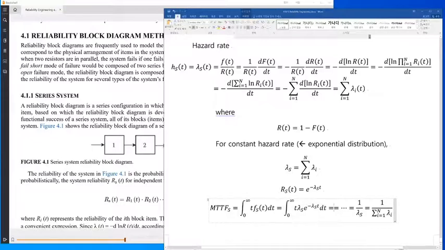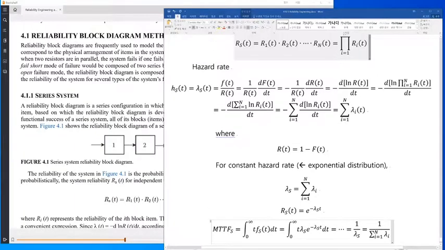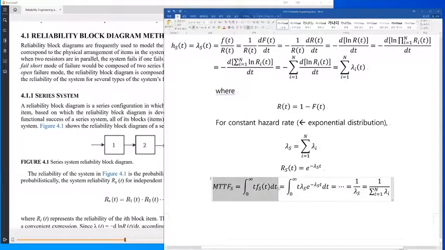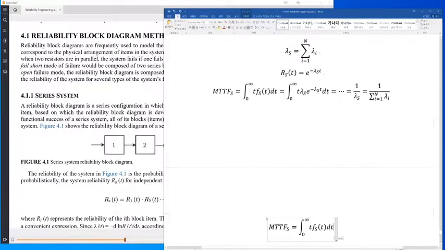But in fact, another way of calculating mean time to failure is, as I already showed you in chapter 3 last week, that if we integrate the reliability function from 0 to infinity, then we are also able to calculate the mean time to failure of the system.